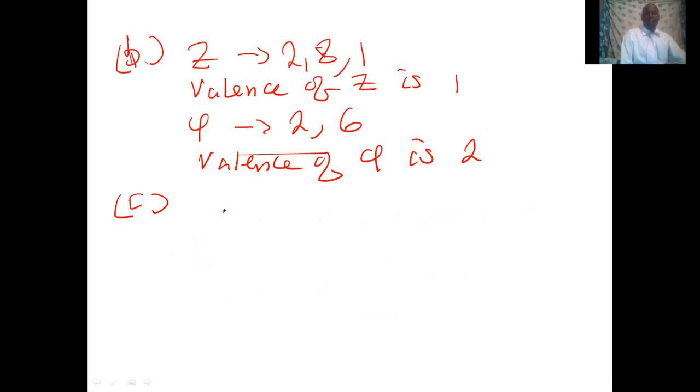Since the valence of Z is 1 and the valence of Q is 2, for you to write the compound, this 2 comes there and this 1 comes there, and therefore it will be Z2Q. We don't write the 1 there. So this is the compound which is formed.